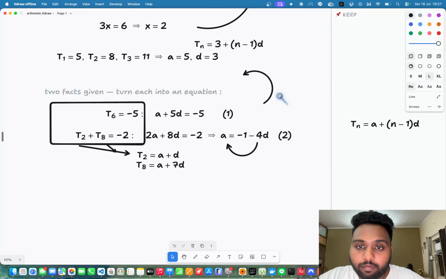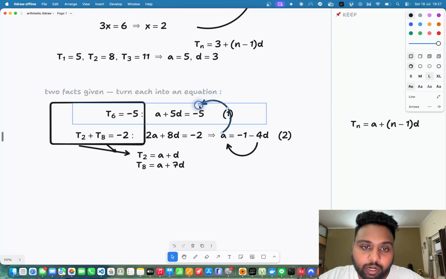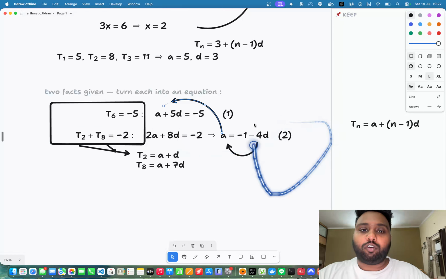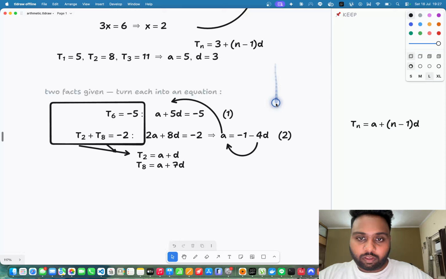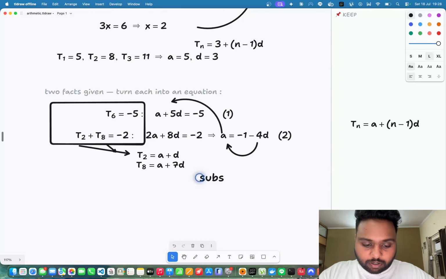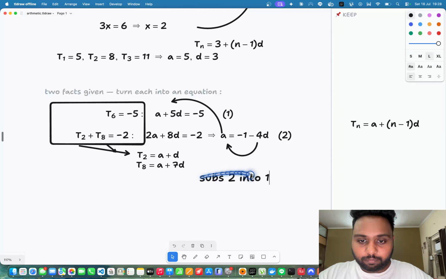So I took this value of a and substituted it into the first equation that we had. You can write something here like: substitute 2 into 1.